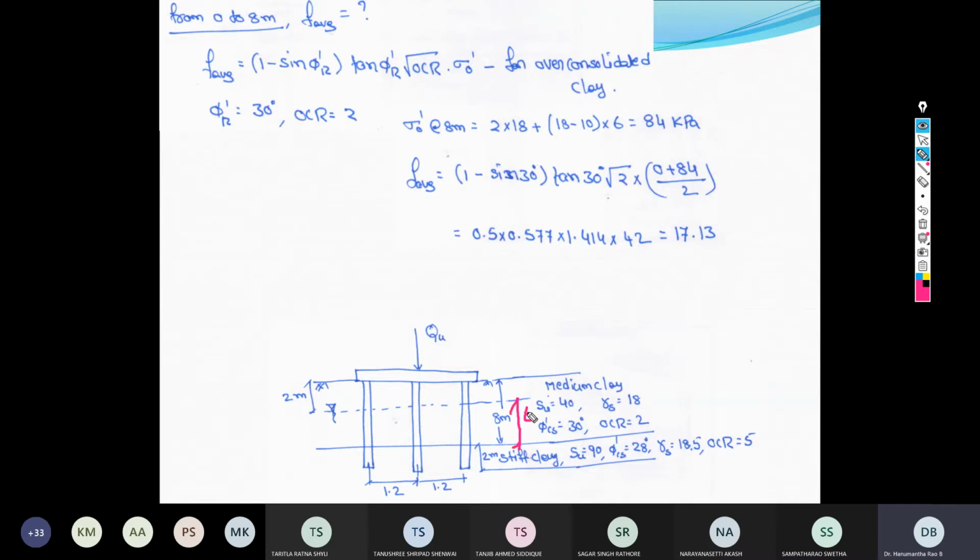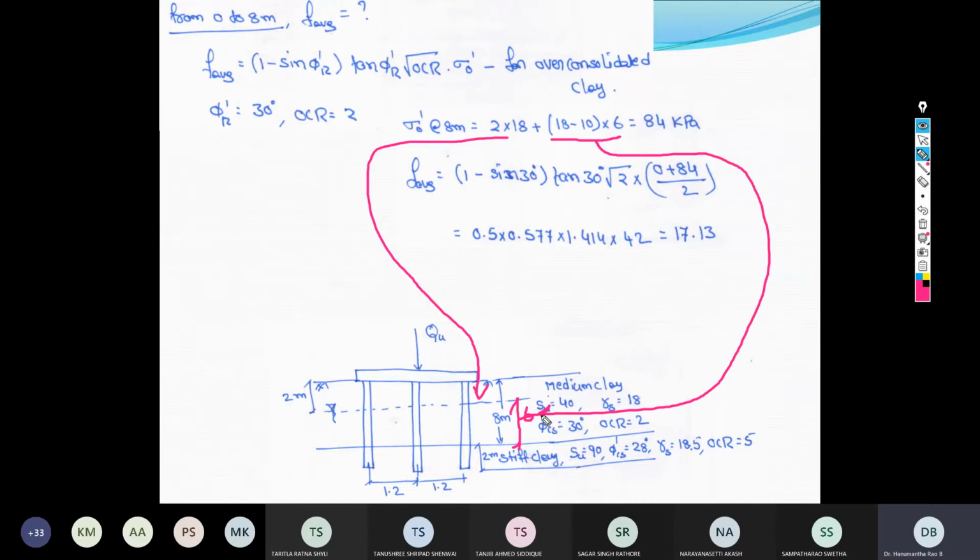But this 6 meter is saturated soil because it is below the groundwater table, so the density will be taken as submerged density, 18 minus 10, into 6. So 2 into 18 is above the groundwater table, and 18 minus 10 into 6 is below the groundwater table.